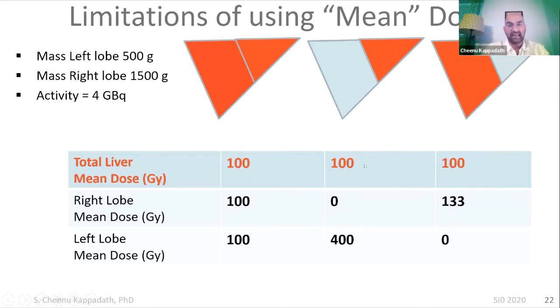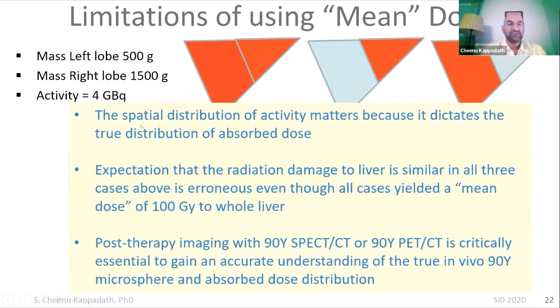So this is still an accurate number, although in reality, it doesn't reflect what is happening. Vice versa, if everything went to the right lobe and nothing went to the left lobe, you'll see the right lobe got 133 gray and the left lobe got 0. Again, in this context, the mean dose is 100, but clearly there are differences between right and left. And what is the consequence of that? The spatial distribution of activity matters because it dictates a true distribution of dose.